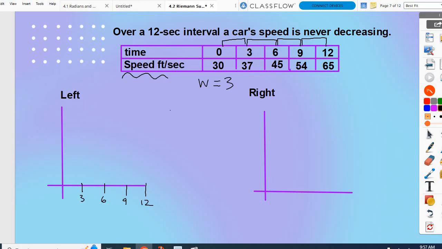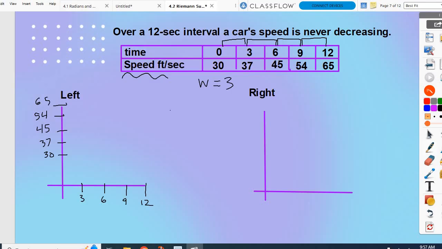Okay, so for my first interval, 0 to 3, what's the left endpoint of that interval? 0. And so then what's the y value at 0? 30. So this is at 30. This is not drawn to scale, but I don't have marks up there, so we're just going to go with that.